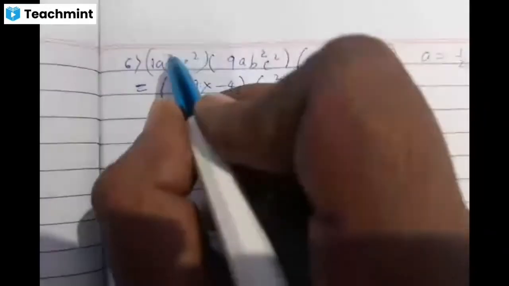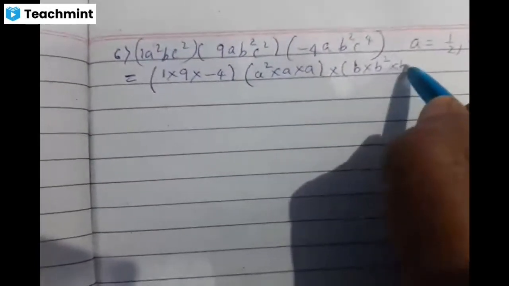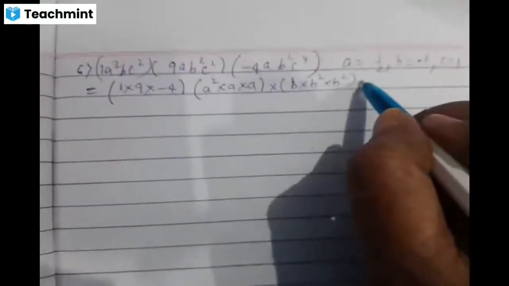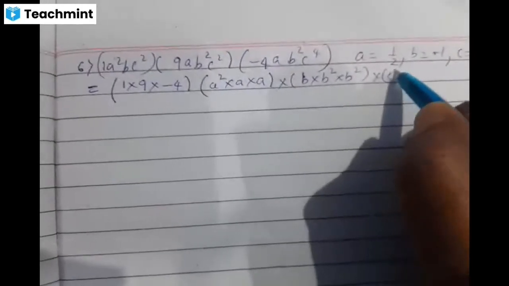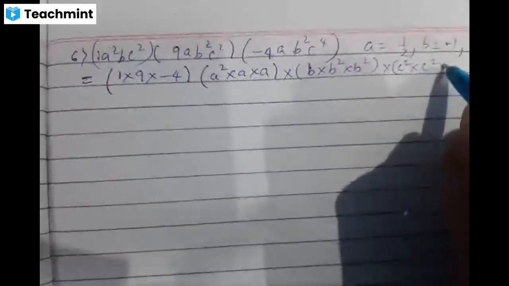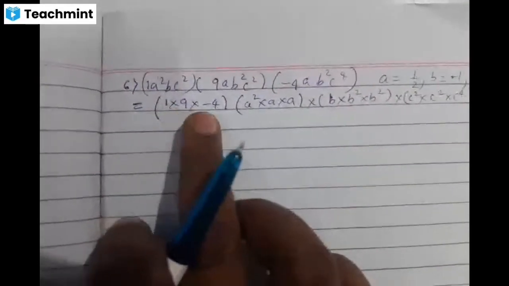And then again you have bracket b into b square into b square. The next step, c term. C term is c square into c square into c to the power of 4. In this way, we have grouped the variables as well as constants.